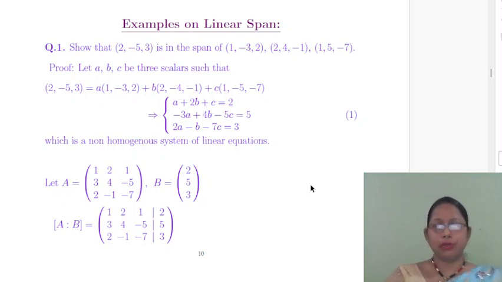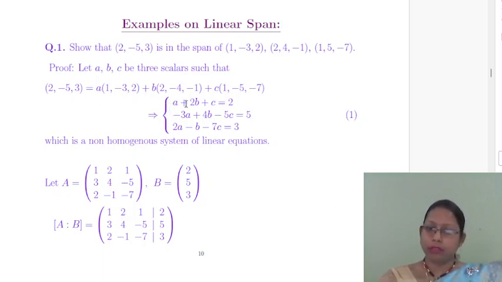After calculation, you can find out the equations: A plus 2B plus C equal to 2, minus 3A plus 4B minus 5C equal to minus 5, 2A minus B minus 7C equal to 3. Here you should apply the scalar multiplication. Multiply A with this element, and A with this element. Likewise, you should find out the value for the second two terms.